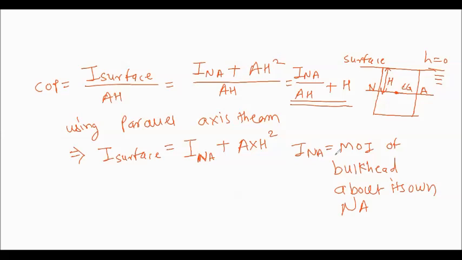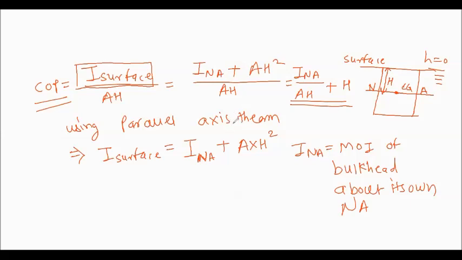Why is it coming from the surface? Because we have used here moment of inertia about the surface. That's the reason whatever the value or number is coming, that will be from the free surface. I hope everything is clear.